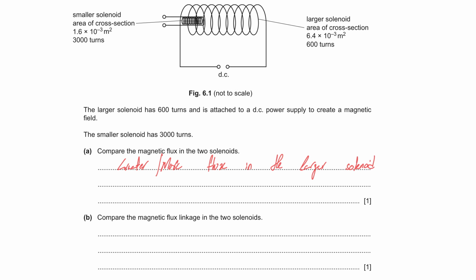Part B says compare the magnetic flux linkage in the two solenoids. Phi is equal to BAN. Now, for that you need to find the product of the cross-sectional area and the number of turns. You realize that the product comes out to be greater for the smaller solenoid. So this time around, the flux linkage will be greater in the smaller solenoid.